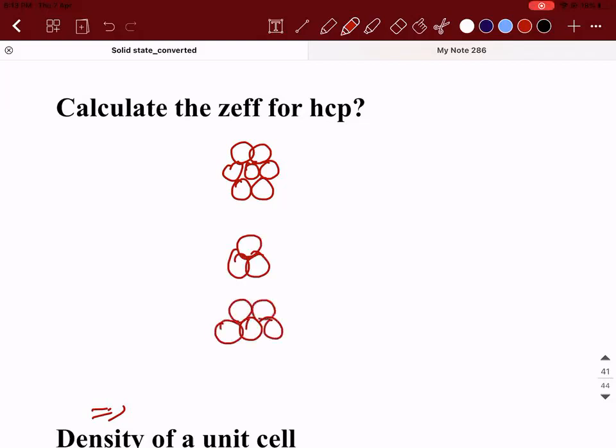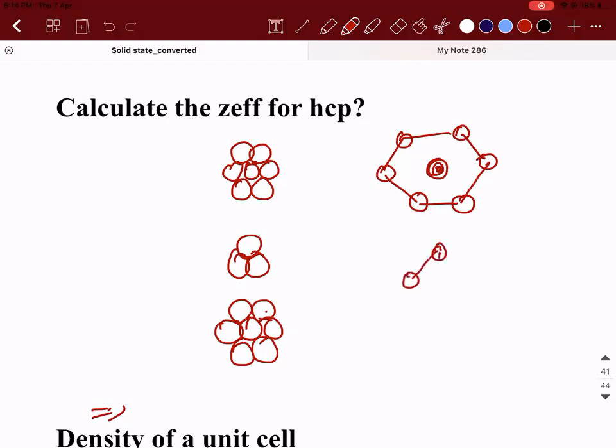Take this particle, and here your center particle is present. Clear? Now look carefully.